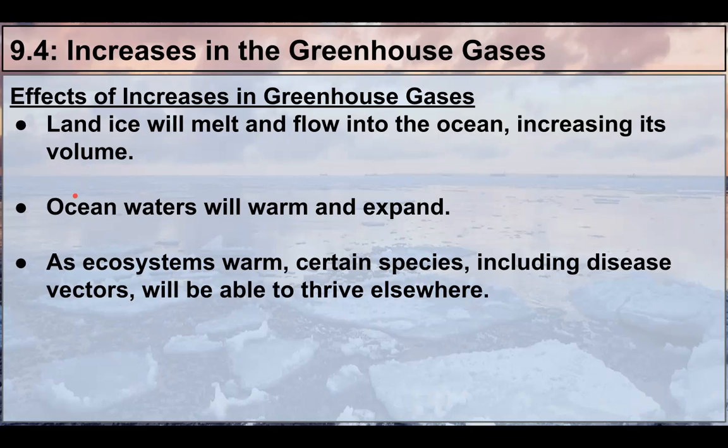Ocean waters, as they warm, okay, just like the atmosphere is warming, ocean waters will also warm because water is a big absorber of heat. The ocean water is going to expand, okay, as things get warmer. The volume increases, so water is no exception there.